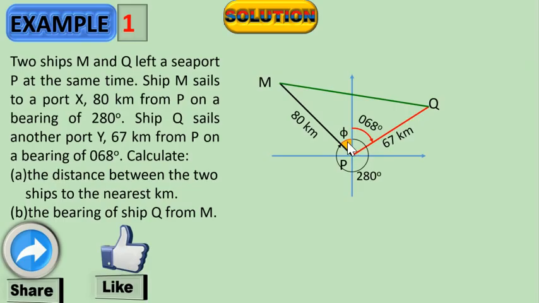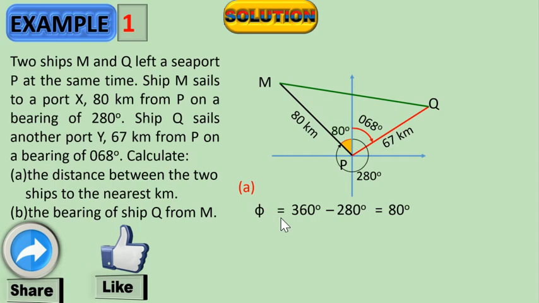We represent this angle to complete the angle MPQ. How do we get this angle? Very simple. The bearing of M from P is 280. That from the north is 280. If I add this angle phi, it will complete 360. So phi can be calculated using the angles at a point property. Phi will be 360 minus 280, which gives 80 degrees.